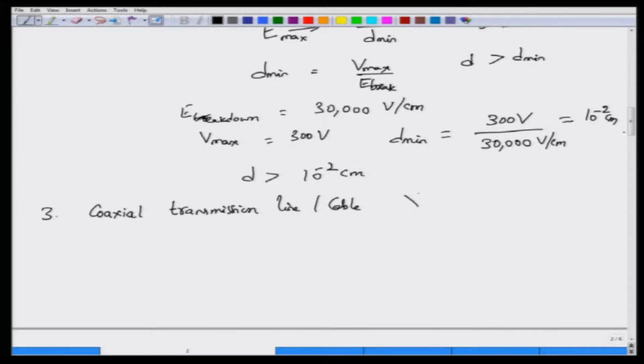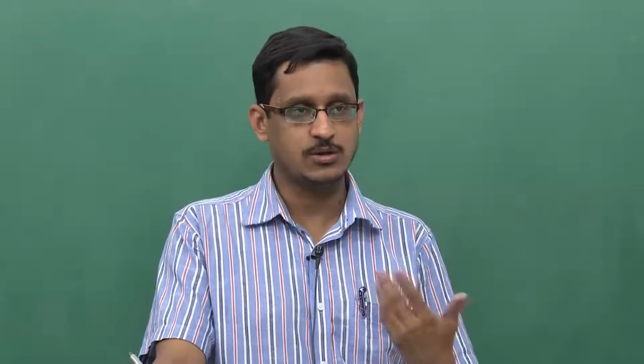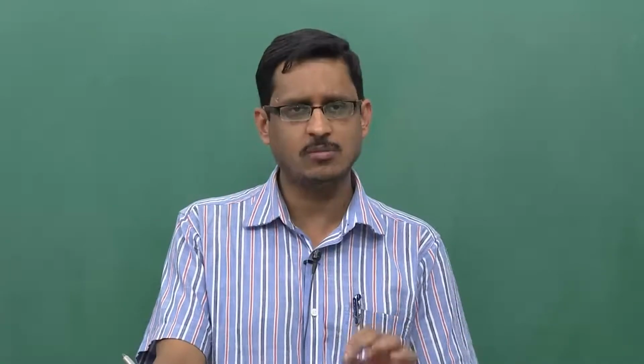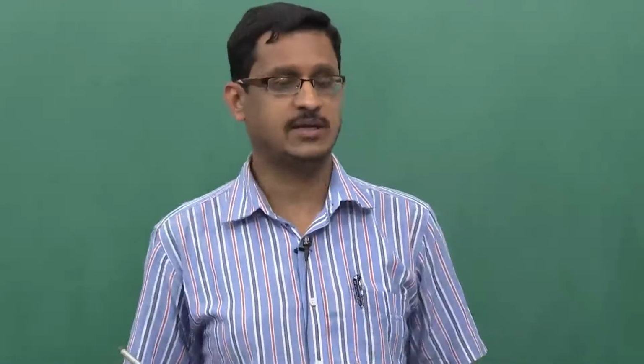This is very important because for up to say a few hundreds of megahertz one can actually use coaxial cables, and these are ubiquitous. You can see them in every lab, whether you are connecting a signal generator to your circuit board, connecting two signal generators, or connecting an oscilloscope to your circuit board, you would normally use a coaxial cable. At least at one end it would be a coaxial cable.